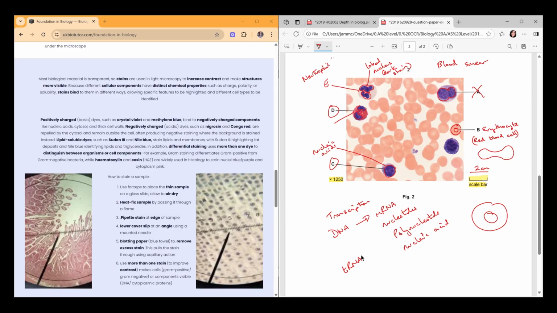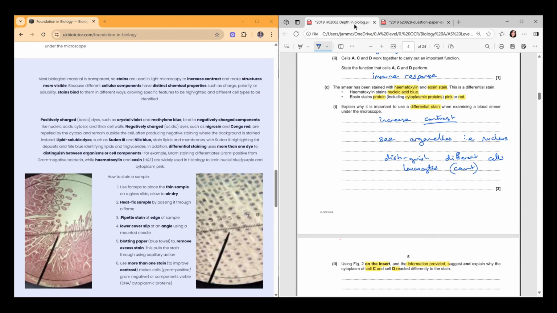DNA is the nucleic acid which is held inside the nucleus. mRNA can leave through the nuclear pores. tRNA is located in the cytoplasm and can therefore be found in the cytoplasm too. So that is important for you to note.